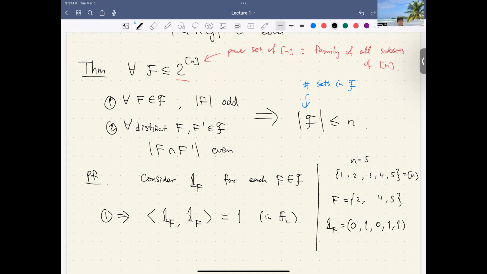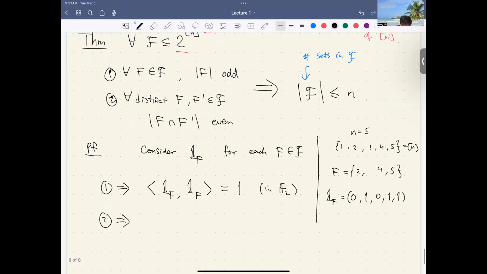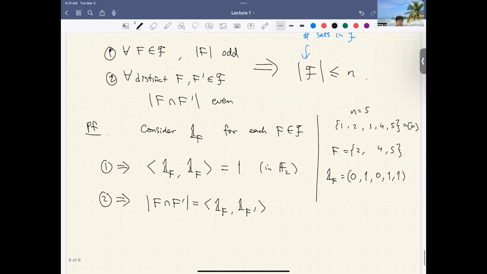Good. What about the second condition? The second condition says if you take the intersection of two different sets, but what is this intersection? This is precisely the inner product of their characteristic vectors, right? It's just 1_F, 1_F'. It's again their inner product. And this is an even number. That means it's 0 in F2.